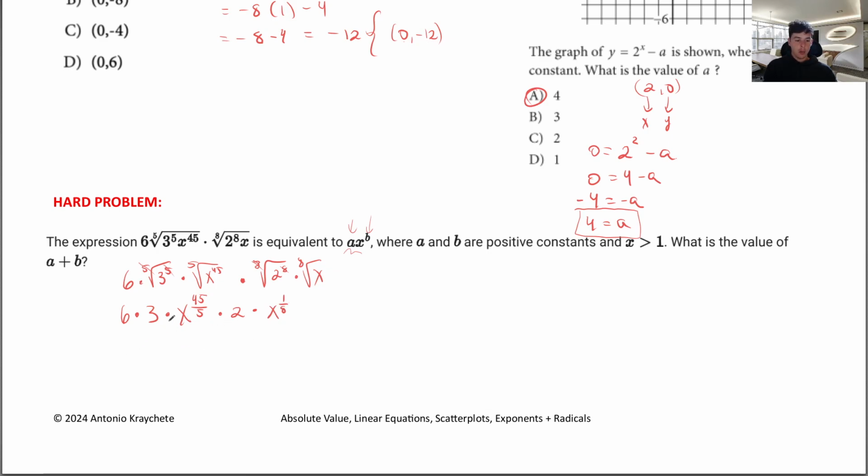Okay, so let's now combine like terms. 6 times 3 is 18. 18 times 2 is 36. So that's 36. Now we can combine the x's.